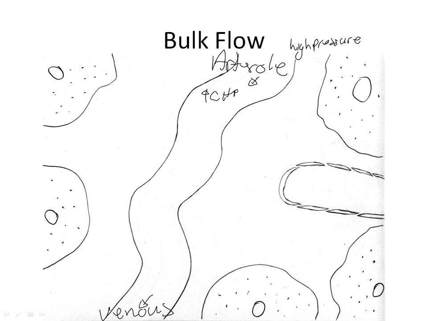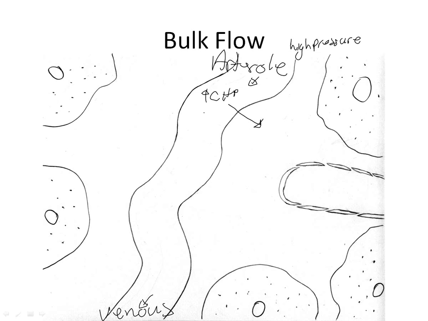Because this is coming from a high pressure system from the left side of the heart, you're going to have high levels of capillary hydrostatic pressure. This hydrostatic pressure is going to push fluid into the interstitial space itself. Because we're talking about a capillary, we're talking about basically a semi-permeable membrane.